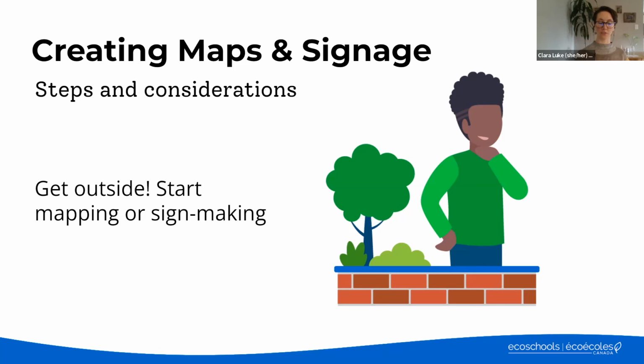And it may be helpful to record observations on a draft copy of their signage templates. So to support the creation of these maps or signage, students might choose to physically flag the locations of the field observations so that they can be revisited easily in the future.